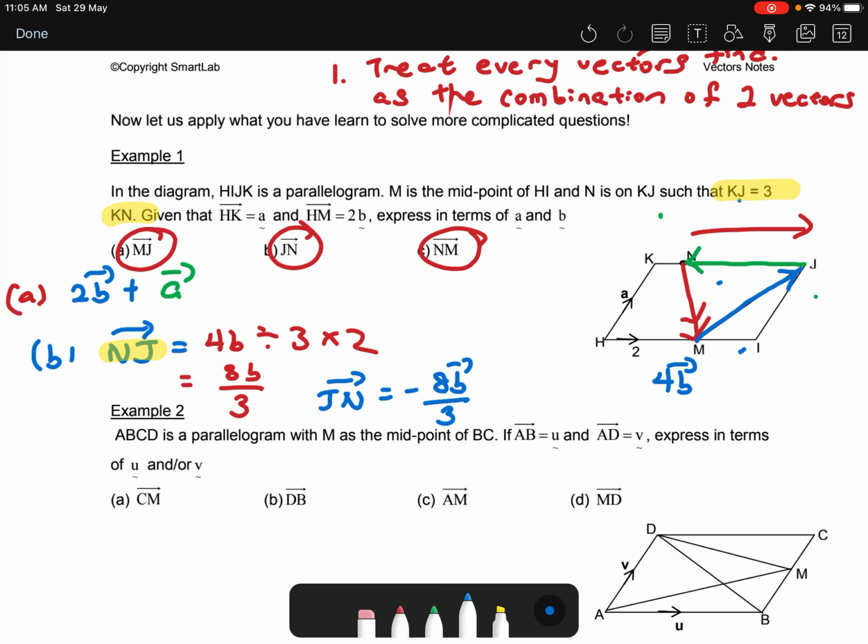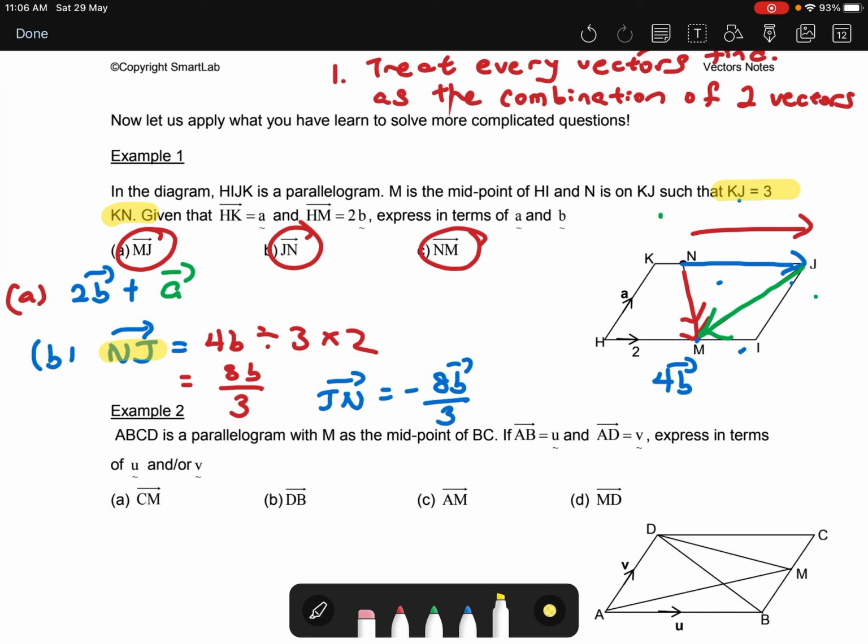I need to add up 2 arrows such that they form a closed triangle. So NJ, then JM. Okay, this is a closed triangle.